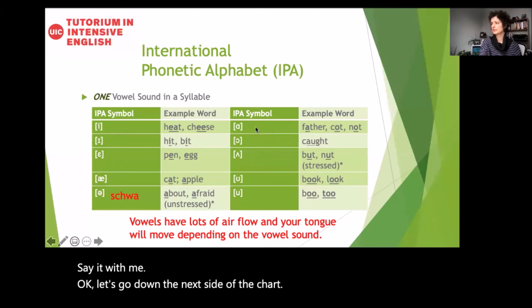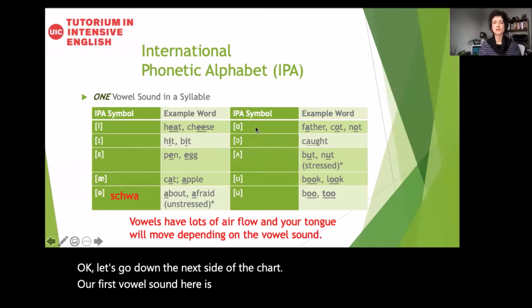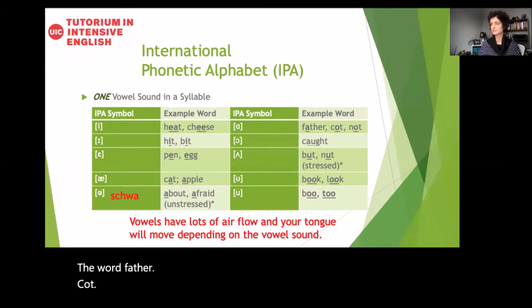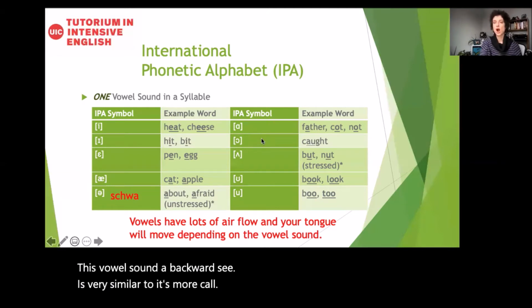Our first vowel sound here is the sound ah. So we're going to open our mouth, ah, like the word father, cot, not, ah. This vowel sound, a backwards C, is very similar to ah. It's more caw, caw.